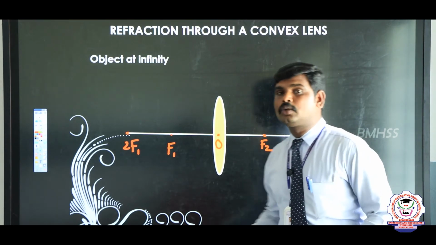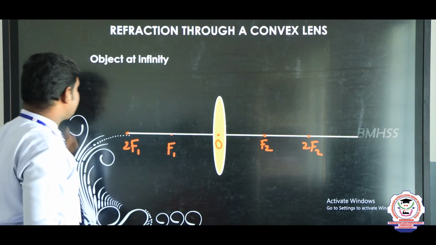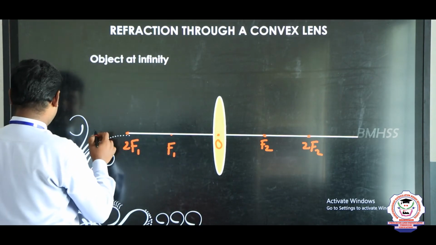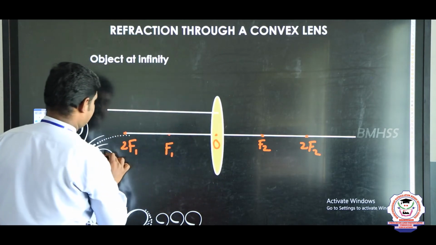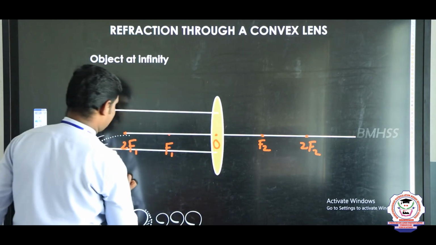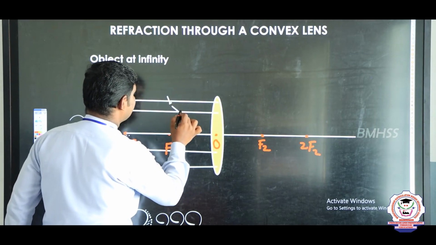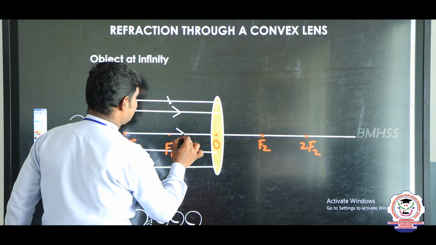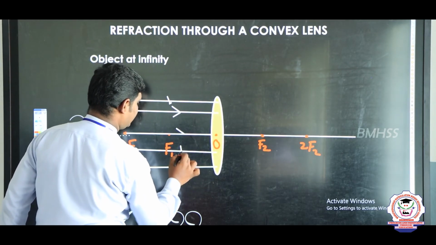This is according to rule number 2. When an object is placed at infinity, the lines become parallel to the principal axis. So these are parallel lines. This is nothing but the incident light. So where are these lines coming from? Yes, the object.